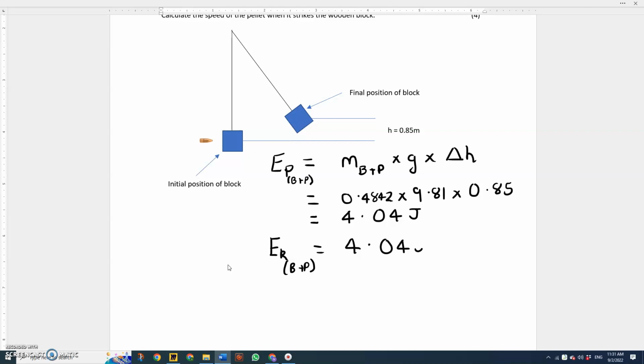So that kinetic energy of the block and the pellet is transferred to the gravitational potential energy of the block and the pellet, and we can say that that kinetic energy is equal to half times the mass of the block and the pellet times the speed squared of the block and the pellet.